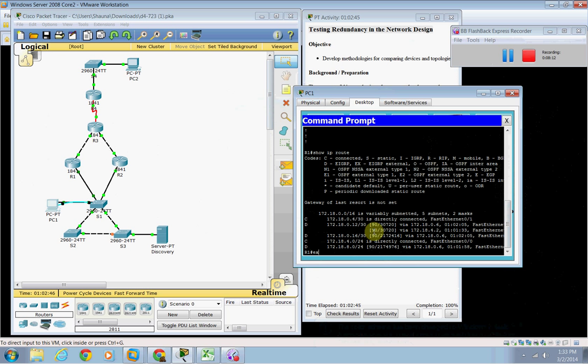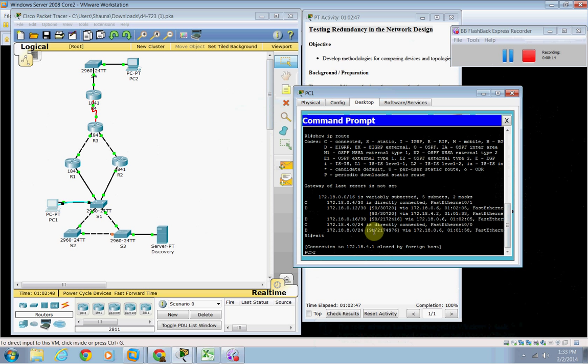Okay, so we're going to exit this and telnet into router 2, which would be 172.18.4.2.